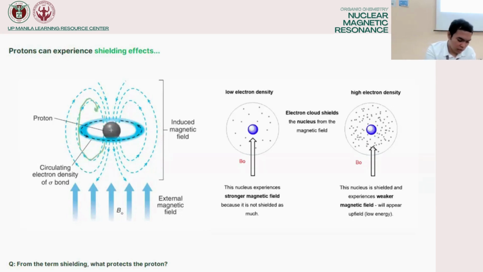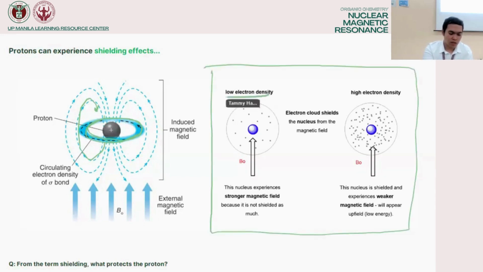This is the electron cloud of your electron. So, syempre, electron cloud model na tayo, 3D space, ito na dapat ang ating maintindihan. What is the difference between low and high electron density? Saan na may greater shielding effect? Based sa term na shield.